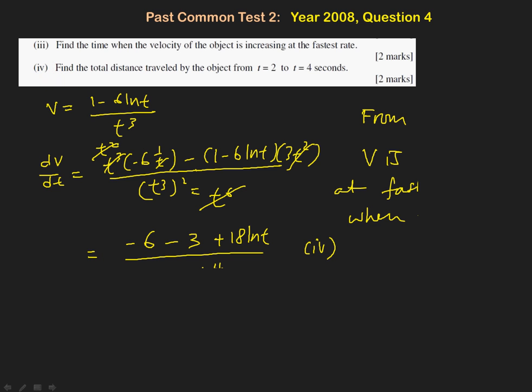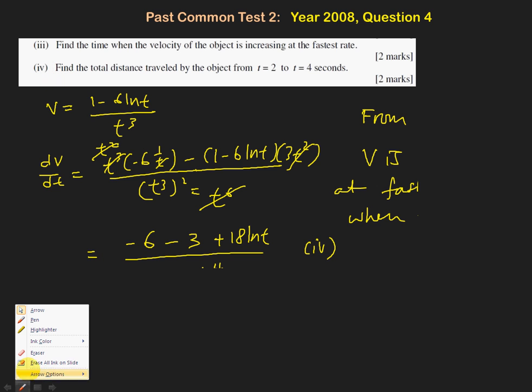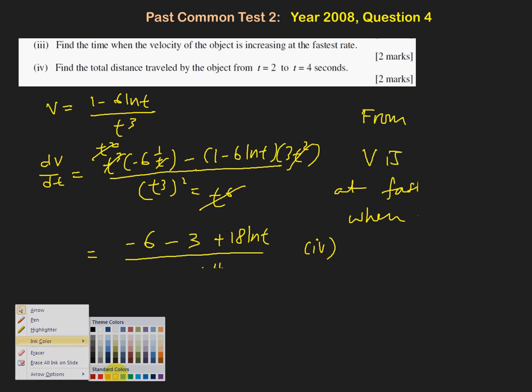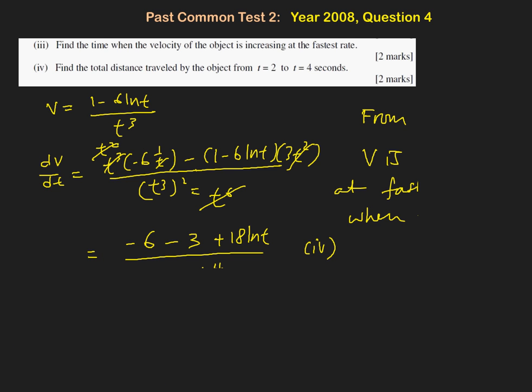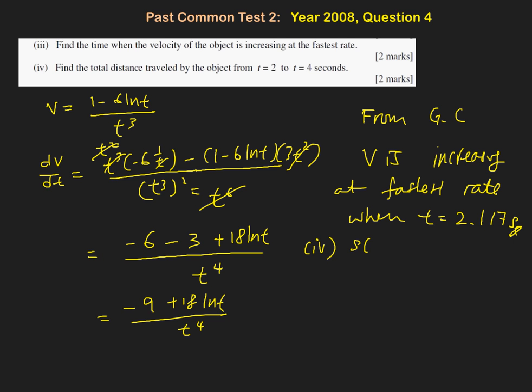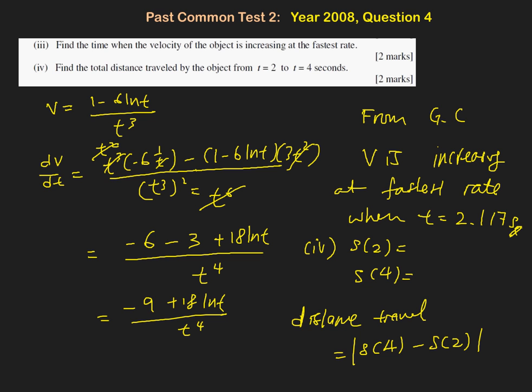So this part 4, where you are asked to find the distance traveled from t equals 2 to 4, will not be affected. So all we have to do is just calculate s at t equals 2, and then calculate s at 4, and the distance traveled would be s4 minus s2.